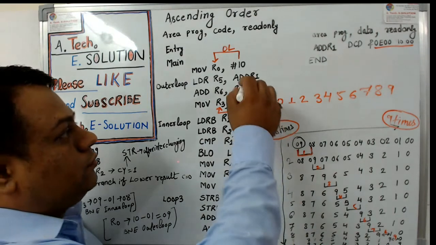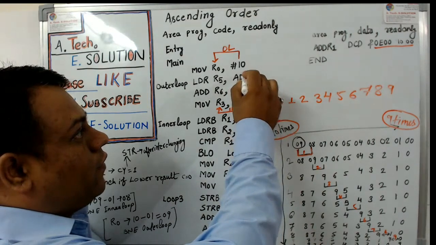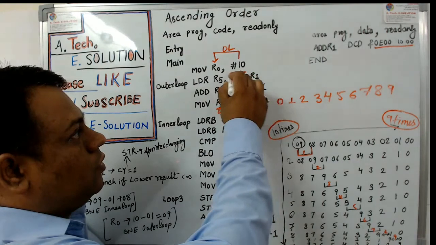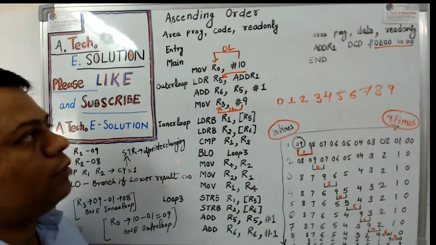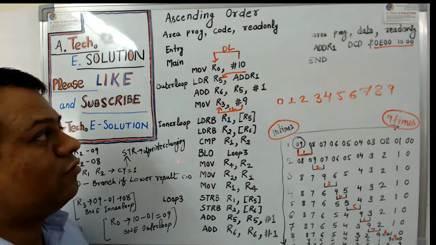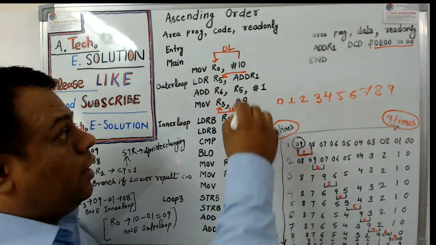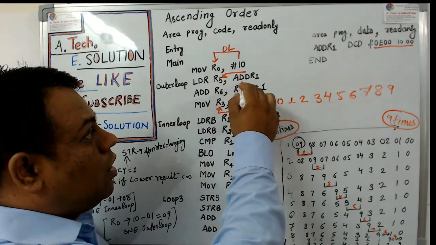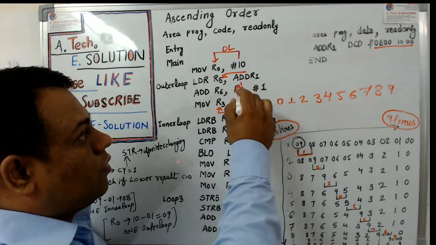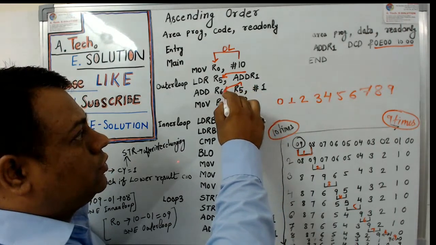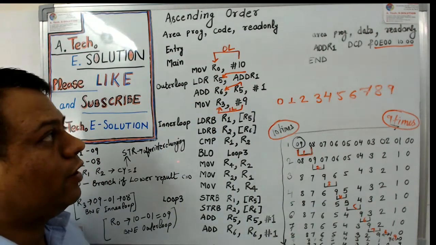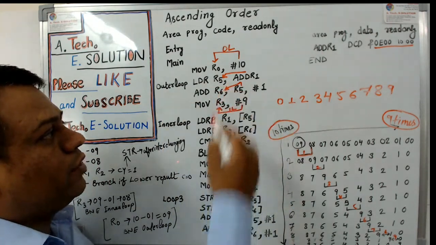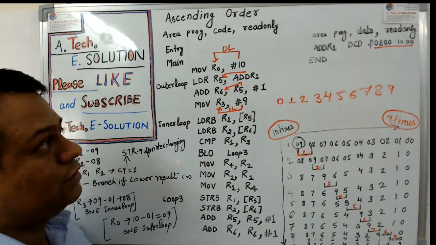Another address is defined right here, which takes the input from the memory and puts the value into the R5 register, and another register, which is again a memory location that is incremented by 1, places the next number into the R6 register.